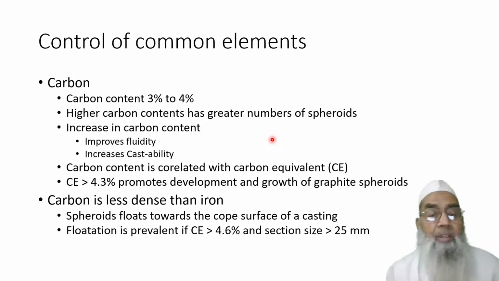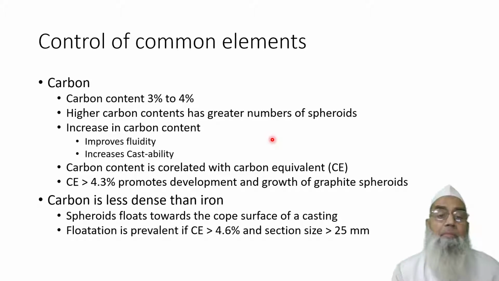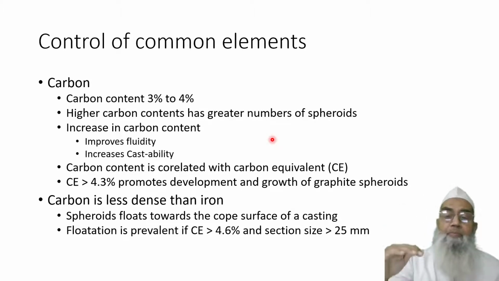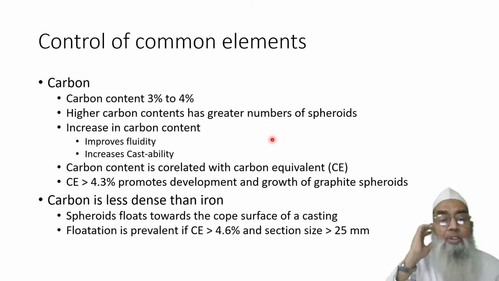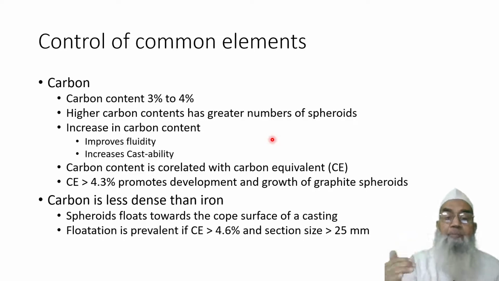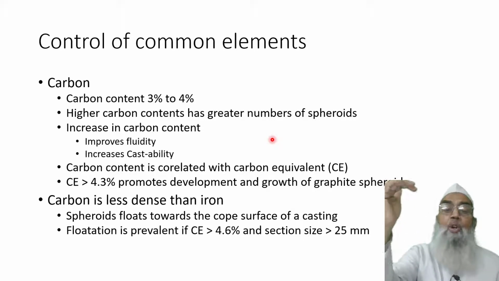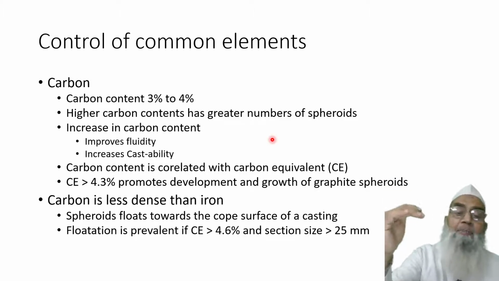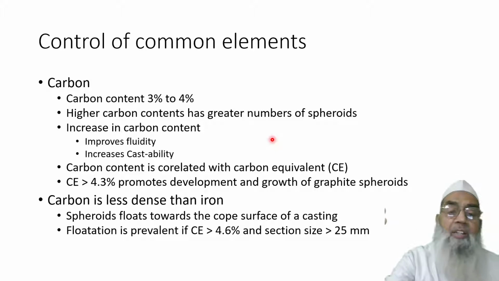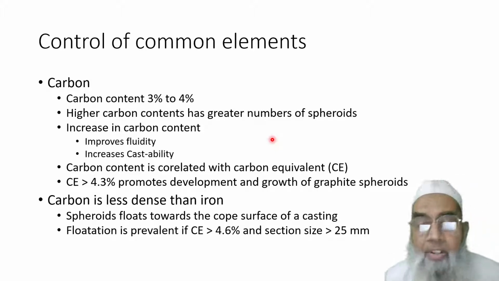Now, carbon is less dense than the melt, so spheroids float towards the cope. While casting, we are having cope and drag. Therefore, these spheroids will float towards the cope, and the spheroids in the cope will then be denser than in the drag.